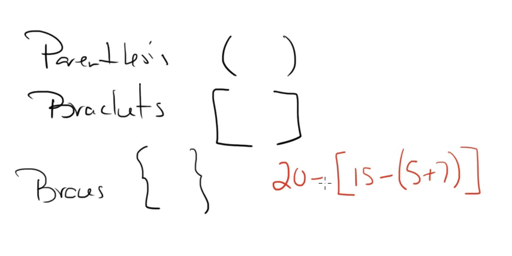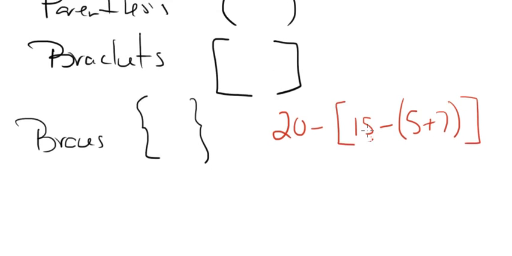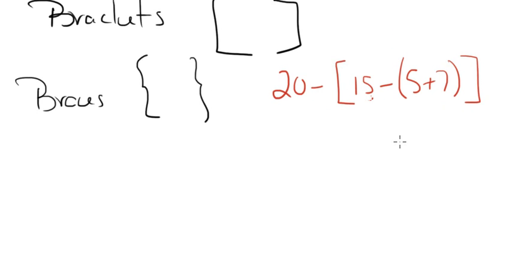The way we would work this problem out is hopefully you would recognize that the first thing we do is everything in the parentheses, the innermost symbols of inclusion. So you'd basically rewrite this 15 minus, and then you do your 5 plus 7, which is 12. We've done what's in the parentheses, so we lose the parentheses now, so we just have our brackets.